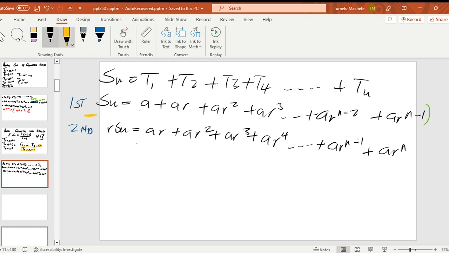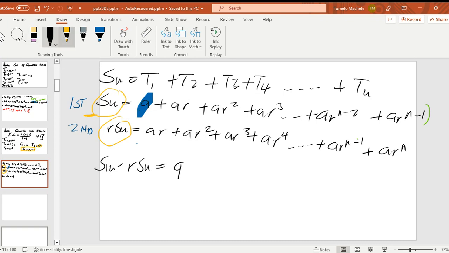So when I subtract these two, I'll have Sn minus rSn equals. Now, when I subtract my right hand side, I'm going to have to check the like terms. You cannot subtract things that are not similar. So A from the first equation, there is no A on the second equation. So you're going to write it down here because it has nothing to subtract with.